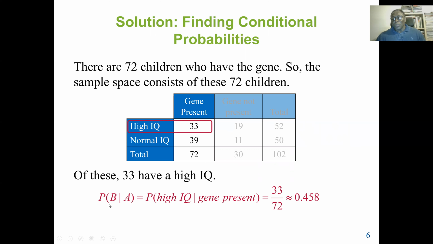So the answer will be the probability of B given A, which is the probability of high IQ given gene present: 33 divided by the total children with gene present, which is 72. So the answer will be 0.458.